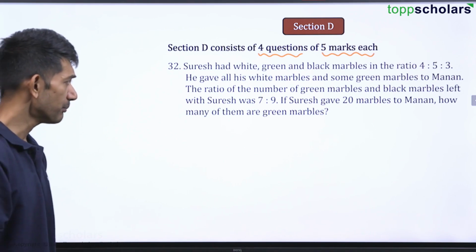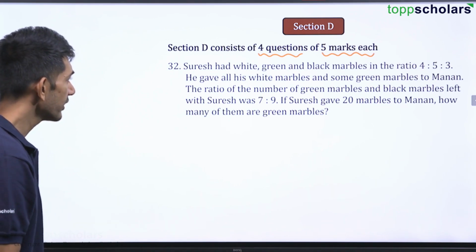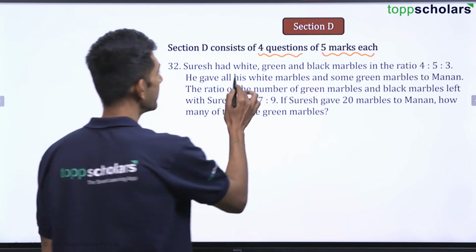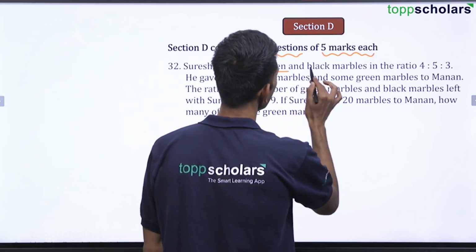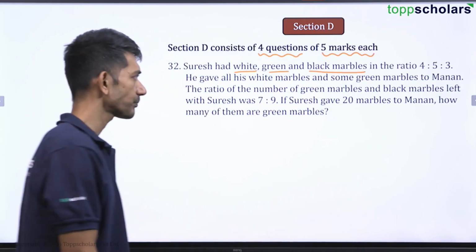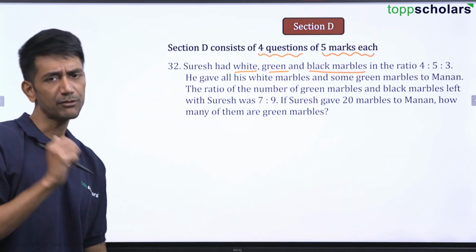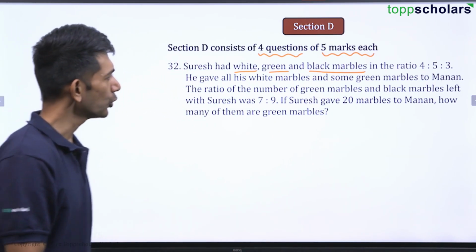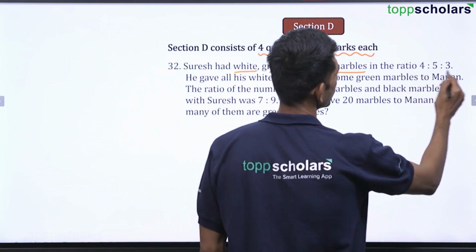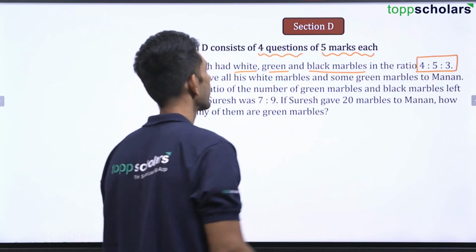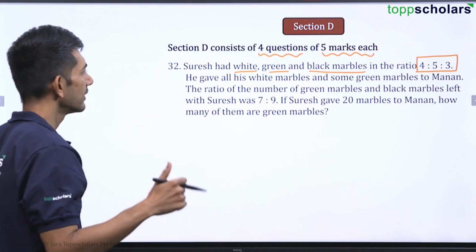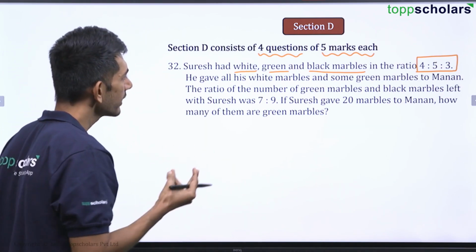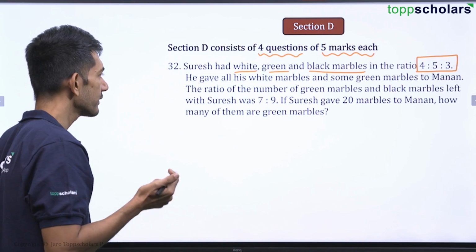So this is a problem based on probability. It says Suresh had white, green and black marbles. He has 3 types of marbles in the ratio 4:5:3. So Suresh had white, green, black marbles in the ratio 4:5:3.